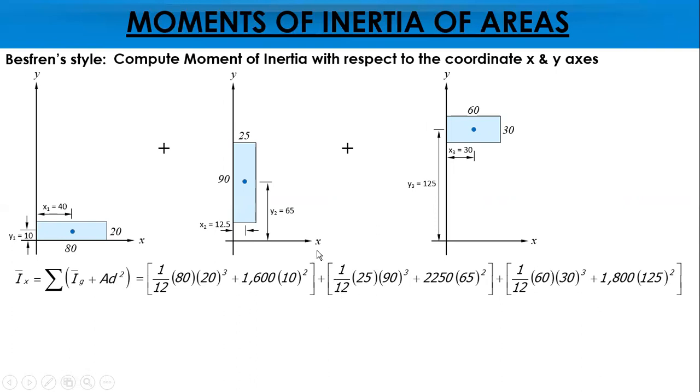For element 2: 1 over 12, 25, 90 cubed, and the distance is 65. So you notice that we did not solve for D1, D2, and D3. We just use the y distances from getting the centroid. And the result is this one.